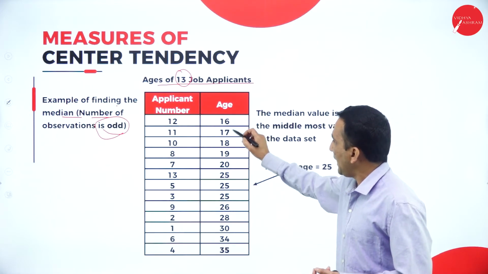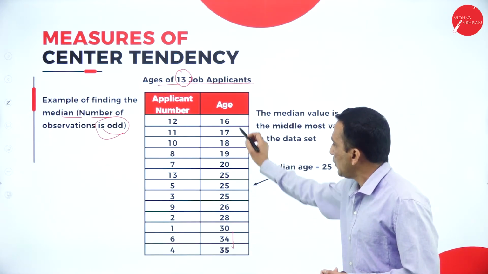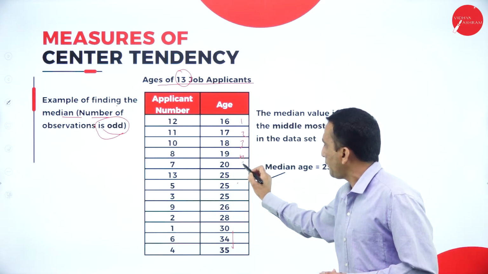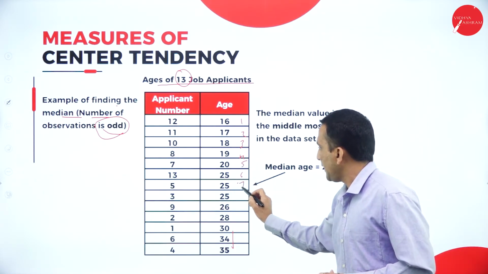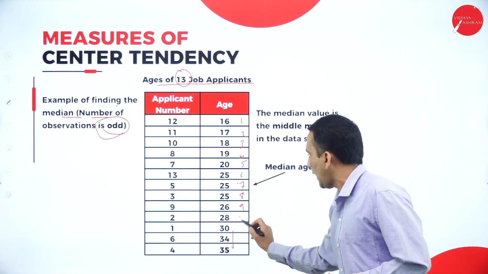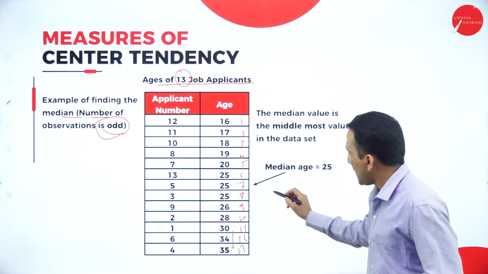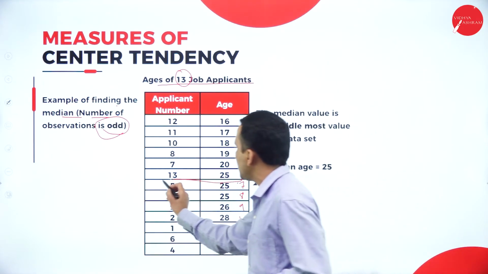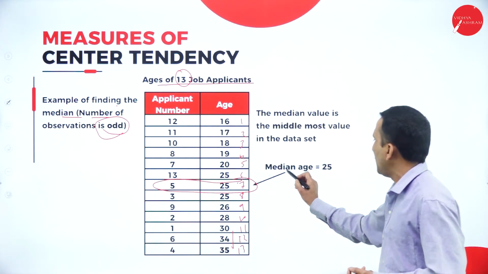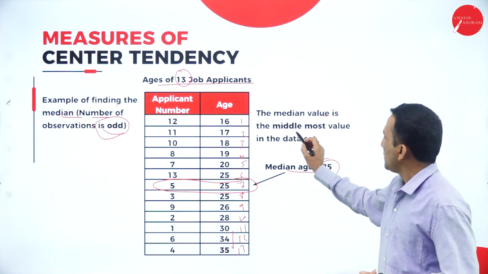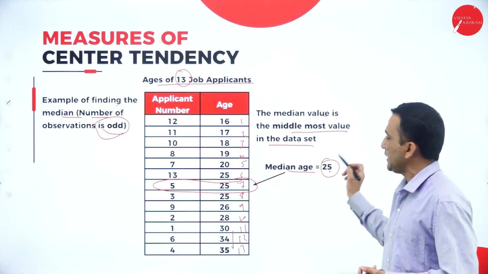Whatever data is given, we need to exactly locate. First, second, third, up to 13. Now exactly the middlemost value is in this class. The median age is 25. The median value is the middlemost value in the data set, which is 25.